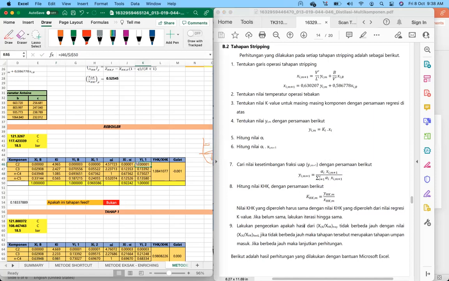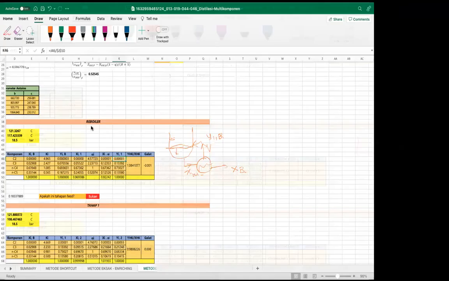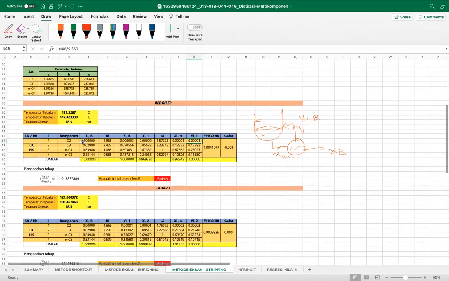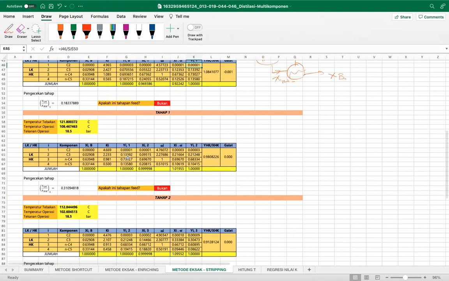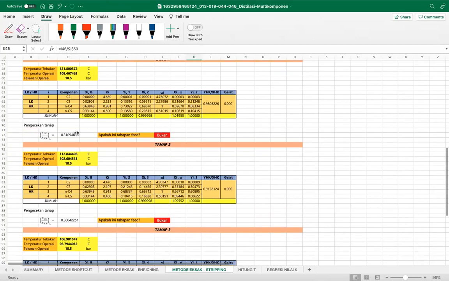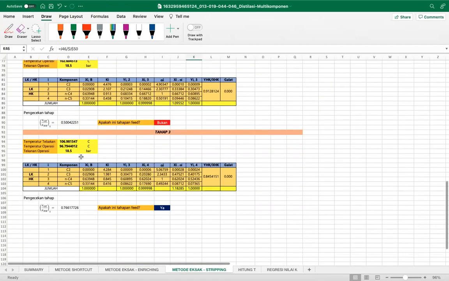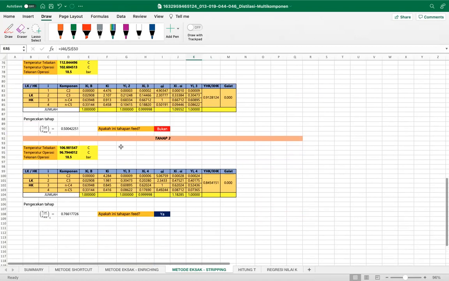Okay, and here in this case they have the lowest one for the reboiler, and then the first stage from the bottom, and then they check, and they have 3 stages there. Okay, so these are the stages.